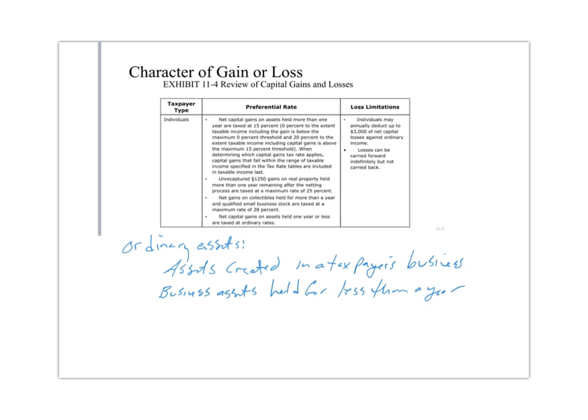What are good examples of these things? Inventory, receivables, those are great examples.